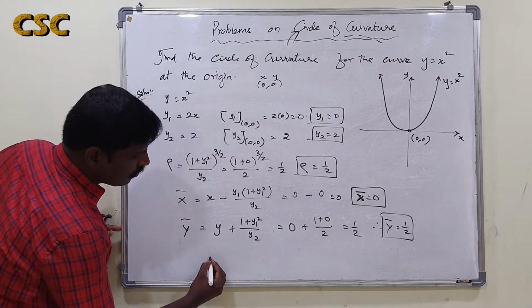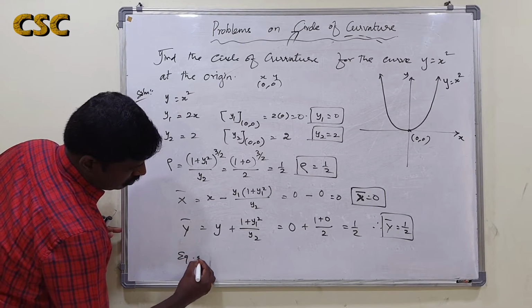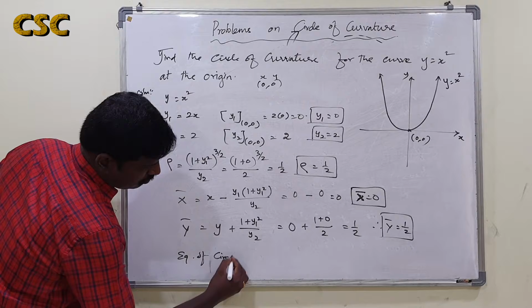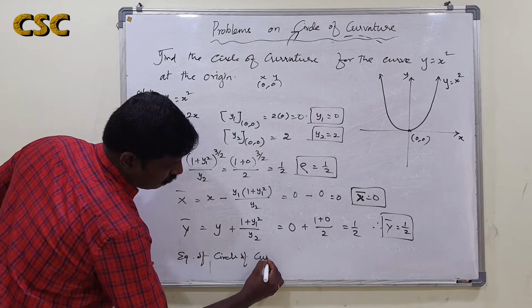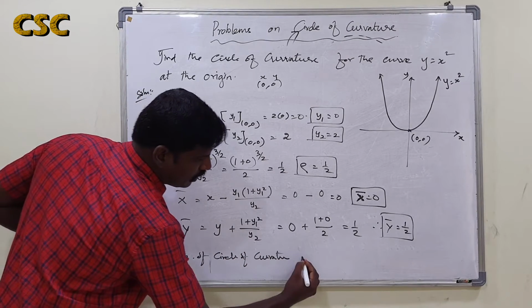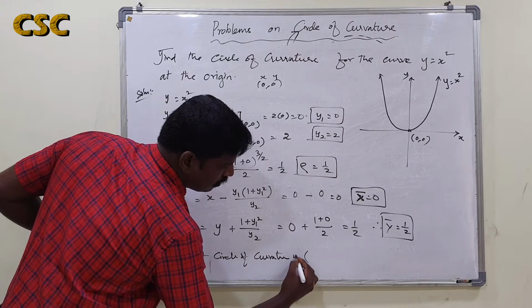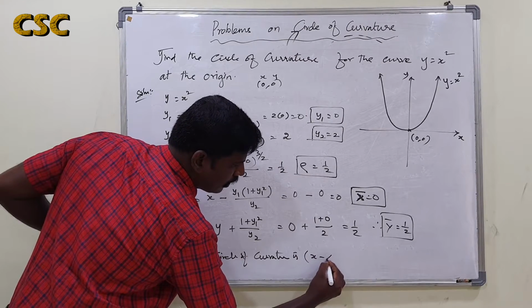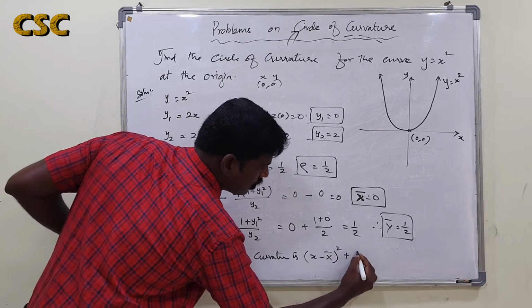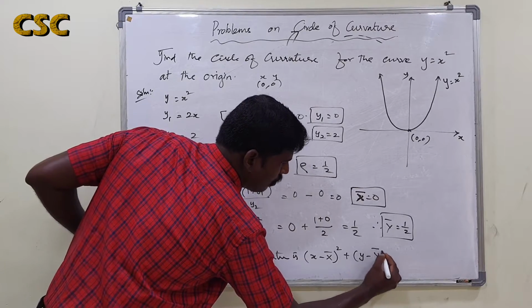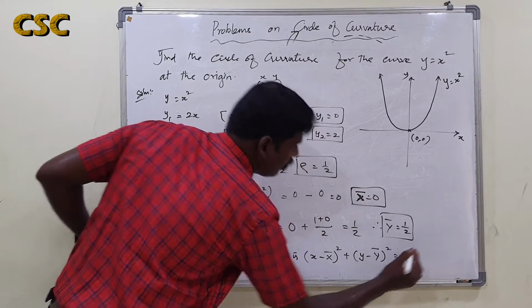What is the equation of the circle of curvature? It is x minus x bar the whole square plus y minus y bar the whole square equal to rho square.